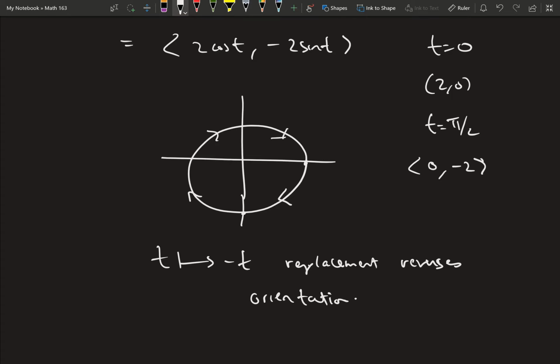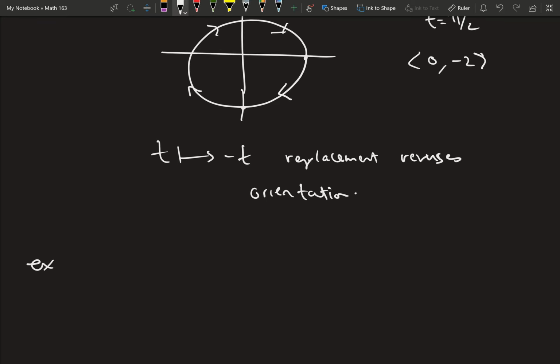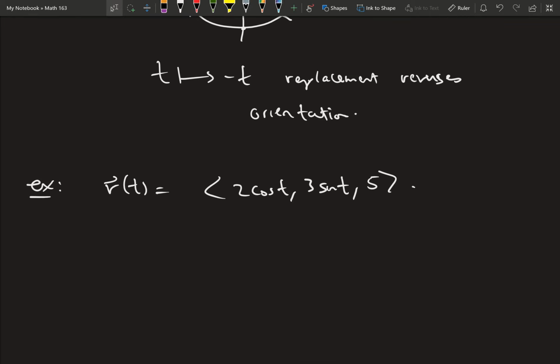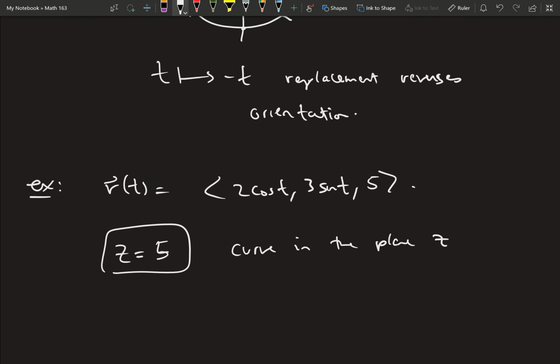Okay, let's do an example in R3. r of t is 2 cosine t, 3 sine t, and say 5. Let's start with something simple here. Whatever this curve is, it must lie on the plane z equals 5, because z equals 5 is a constant.